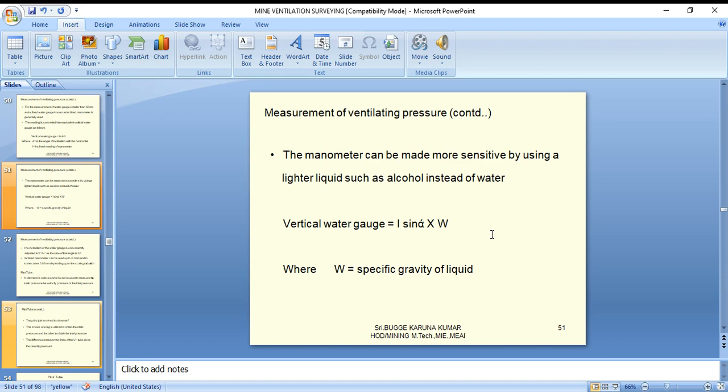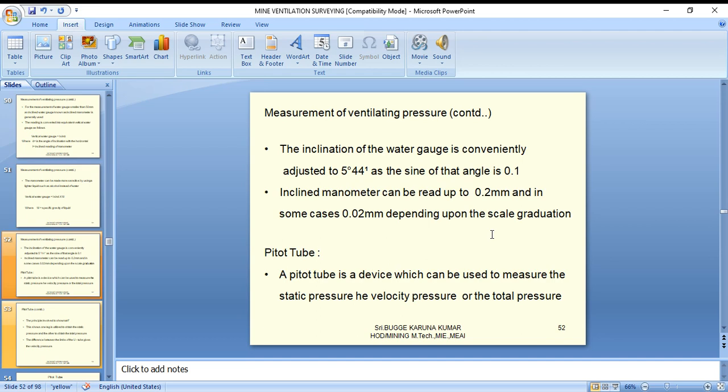Measurement of ventilation pressures. A manometer can be made more sensitive by using a lighter liquid such as alcohol instead of water. Vertical water gauge is L sin alpha multiplied by the specific gravity. Similarly for the inclined manometer.